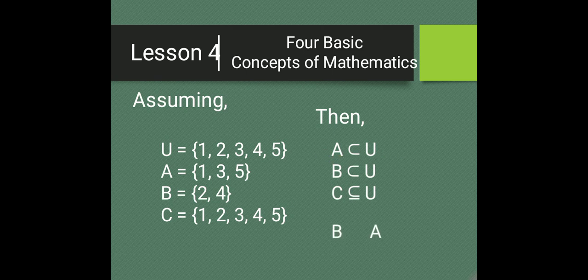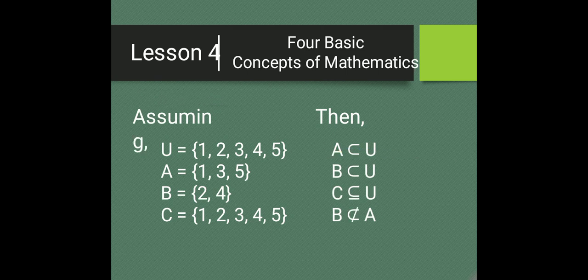Okay, next one. What do you think is the symbol for this one? B and A. Okay? So, matatawag ba natin na subset si B kay A? Set B contains the elements 2 and 4, at wala talagang ni isang element na andyan kay A na nasa B. So, ano yan? Proper, improper, or not a subset?